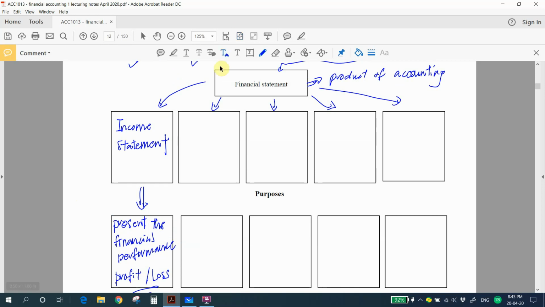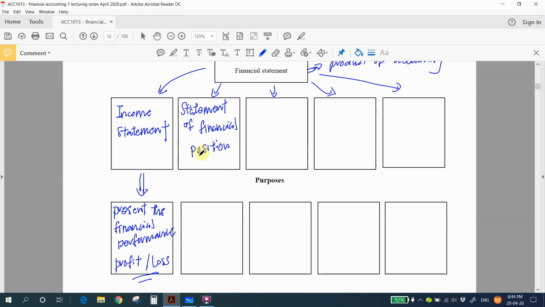Next, the next statement in financial statements is called the statement of financial position. From the statement of financial position, we can understand the asset, liability, and equity of the company.